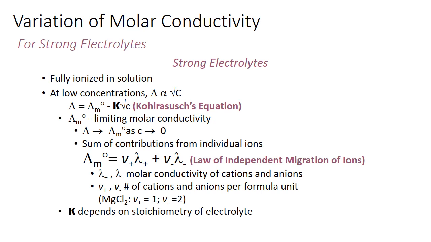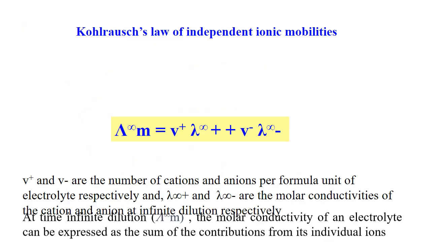And from that we discuss the law of independent migration of ions. Like MgCl2, what is nu plus? Nu plus is 1, and for chlorine it is 2, because the dissociation will occur like this: MgCl2 gives Mg2 plus and 2Cl minus.